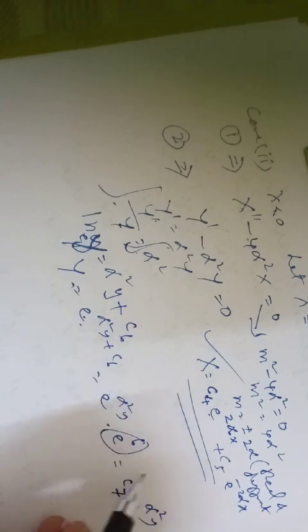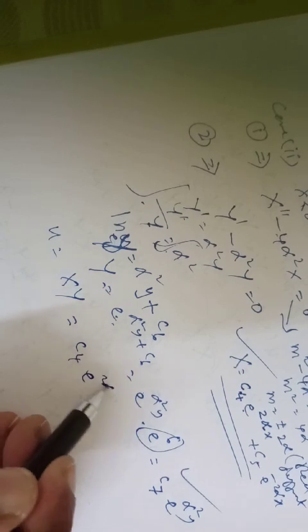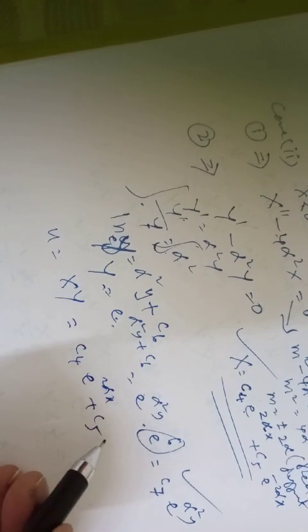Thus we have got a value of y also, x already got. Then what is the solution in this case? u is equal to x into y. That is c4 e raised to 2 alpha x plus c5 e raised to minus 2 alpha x, into y, which is c7 e raised to alpha square y.